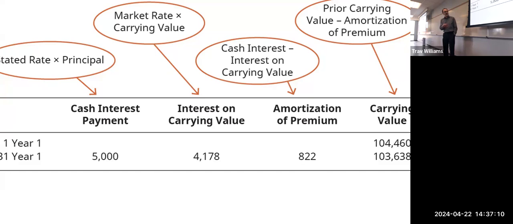What you do is you take that amortization of the premium, you subtract it from the previous carrying value to get the new carrying value, and you're going to keep doing that until your carrying value reaches the face value. So if you sold your bonds at a premium, they're going to keep reducing until you get to the face value.